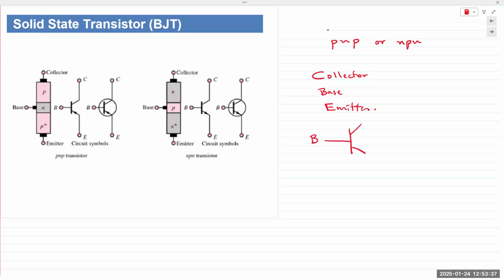The vertical line is always the base, B. The emitter is marked with an arrow, and the third terminal is the collector. If the arrow is coming out, it indicates an NPN transistor, and an arrow going in is a PNP transistor.